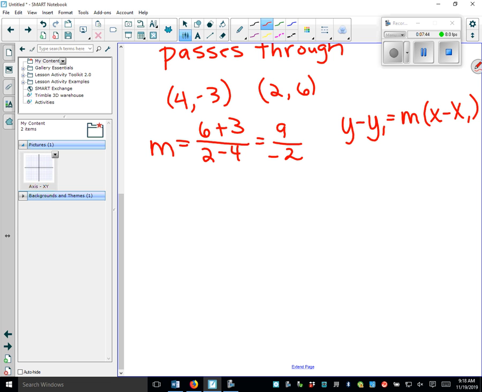So how am I going to do this? I'm going to use this point, okay? Does it matter? No. So I have y minus 6 equals negative 9/2 times x minus 2, right?